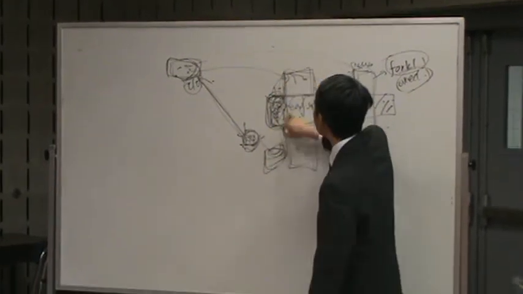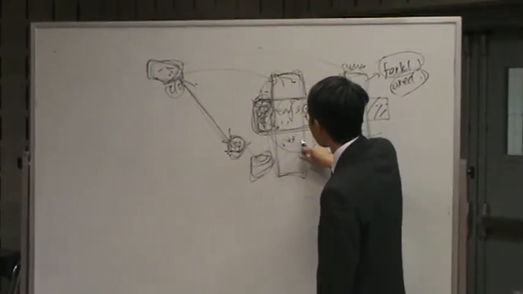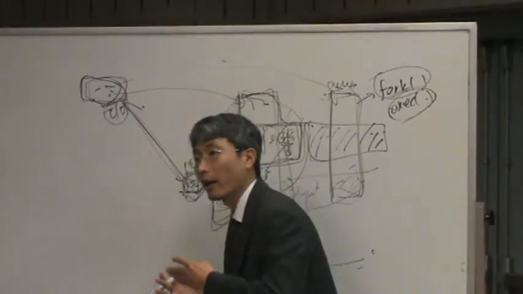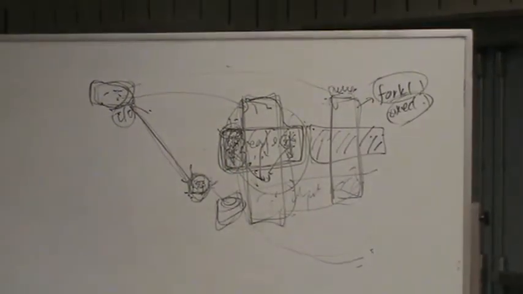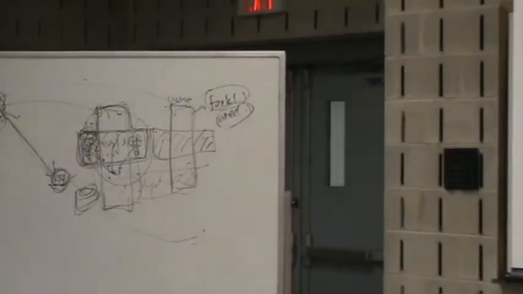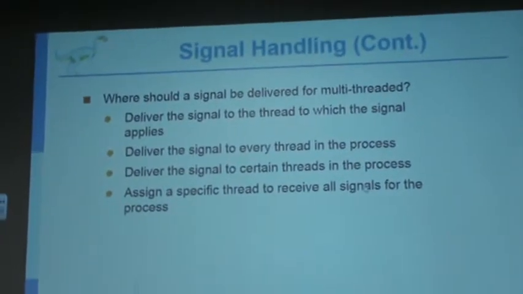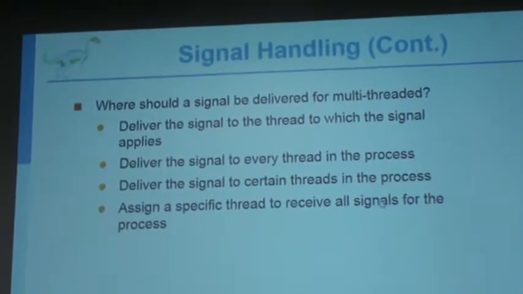Or sometimes the process stops and reads the data and informs all the threads at that time, so the entire thread or process can receive such data. So it can be each and every thread, or you can specify a certain thread to receive the signal.